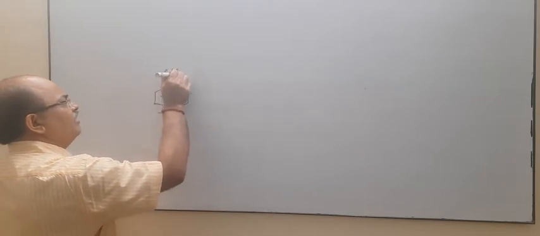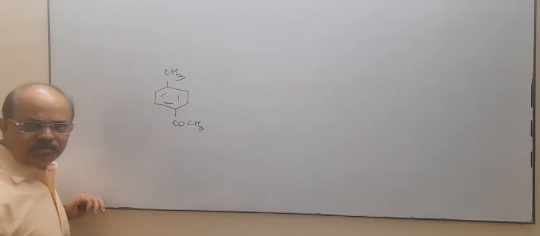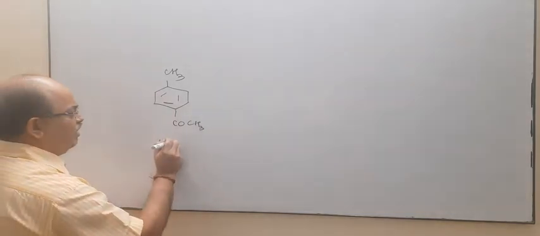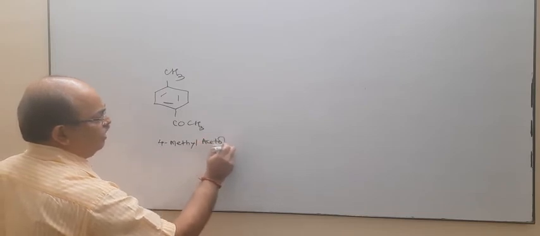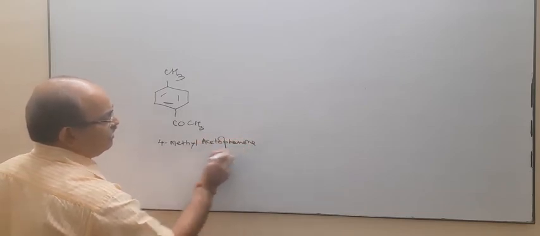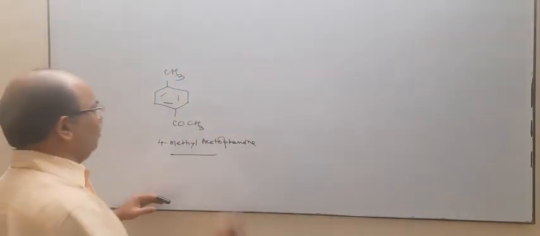Say this is CH3, this is COCH3. This compound is 4-methyl acetophenone.